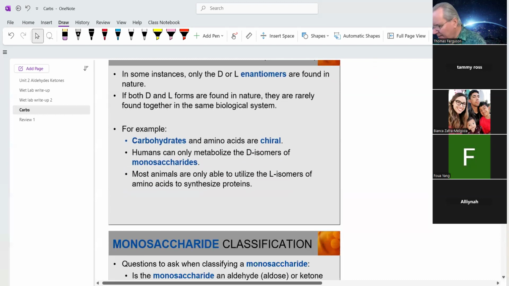Now, I did mention lipids, did I mention lipids were chiral, D and L? I forgot what I said. Anyway, amino acids are active.